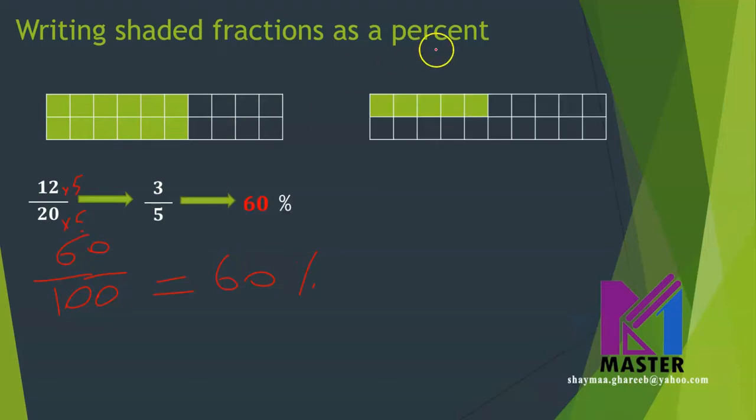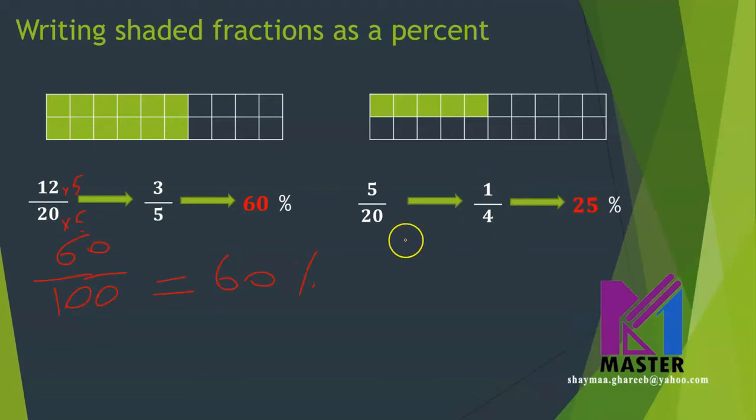One more fraction. So 1, 2, 3, 4, 5. It is 5 over 20. I can do it exactly the same by simplifying the fraction. It will be 1 over 4 or 1/4. So the 1/4 as a percentage is 25%. Is this clear?